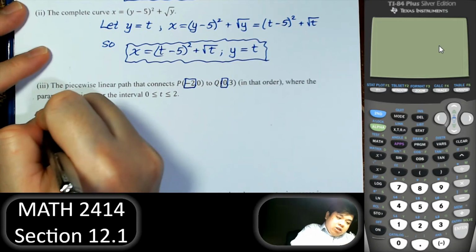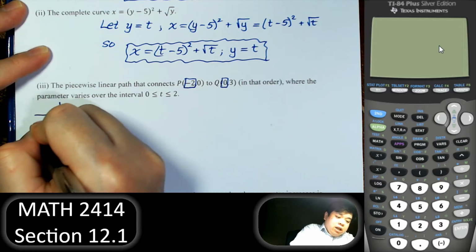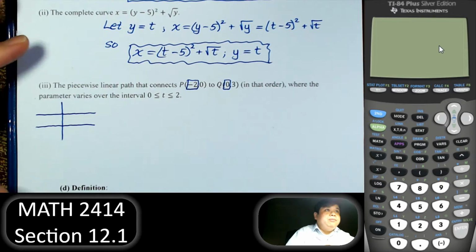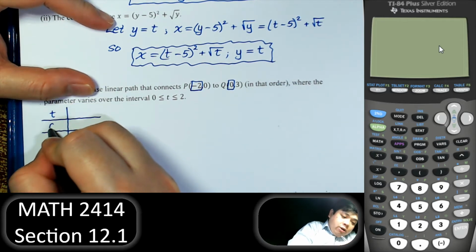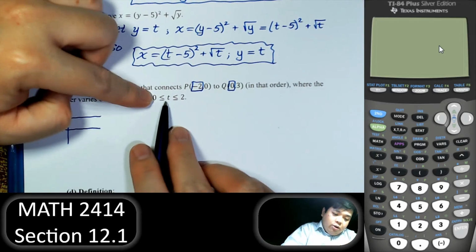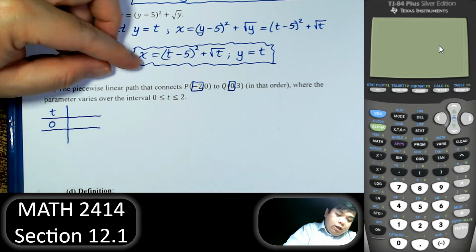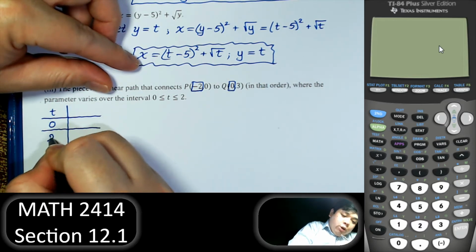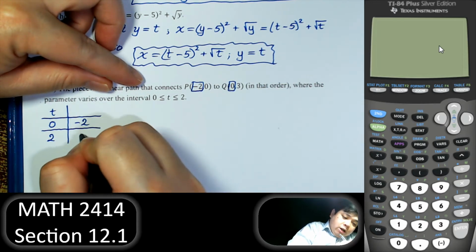So we will make a table. We try to find the function of x in terms of t and the function of y in terms of t. Right. At t equal to 0, we start from this point and go to that point. So t goes from 0 to 2, x goes from -2 to 0.